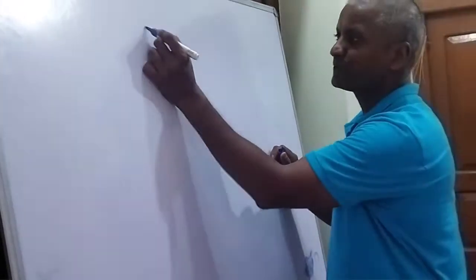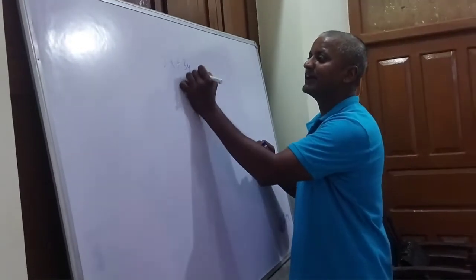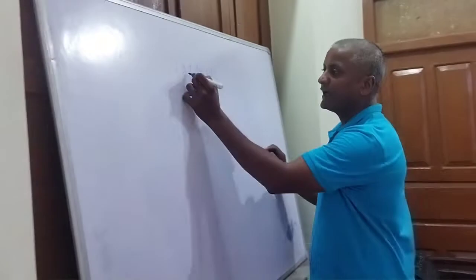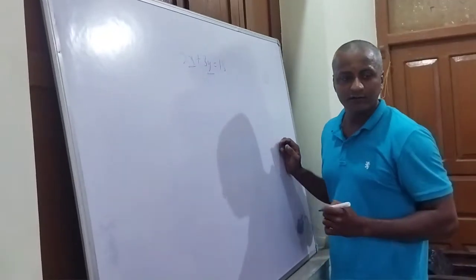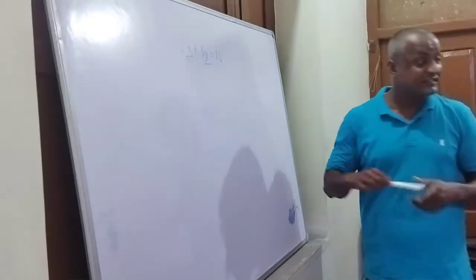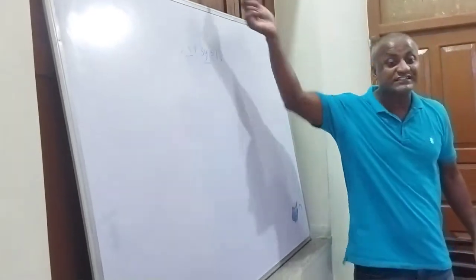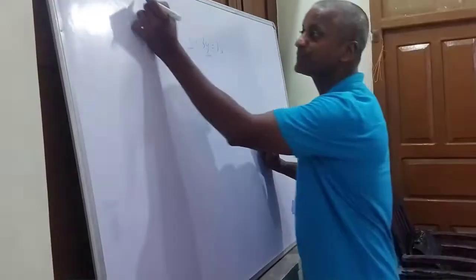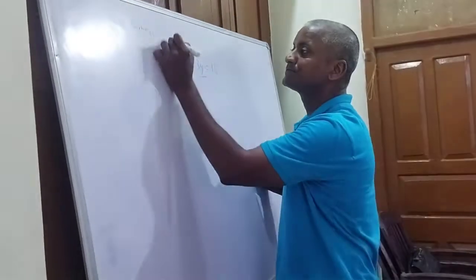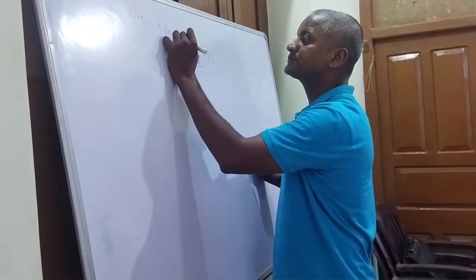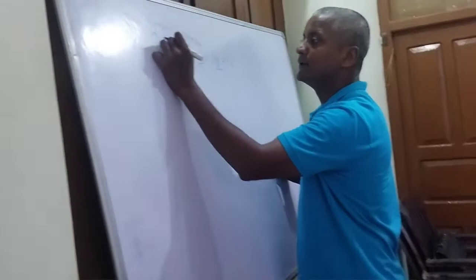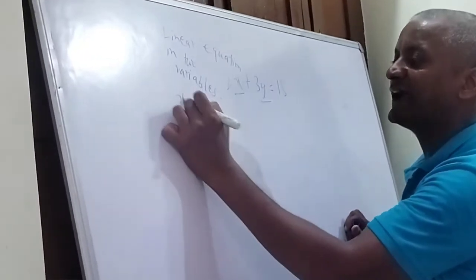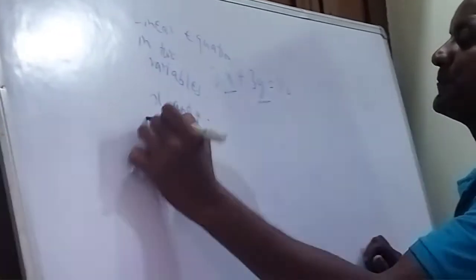Now if I write this, 2x plus 3y is equal to 18. Now we see here that we have x over here and y over here. So the values of x will change in the next question, y will also change in the next question. That is why this is a linear equation in two variables, and the two variables are x and y.